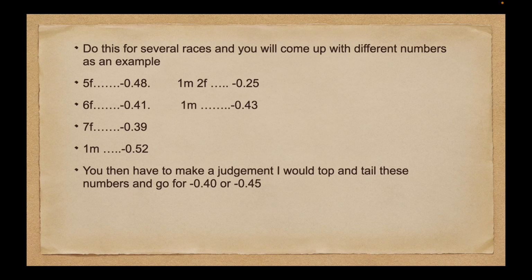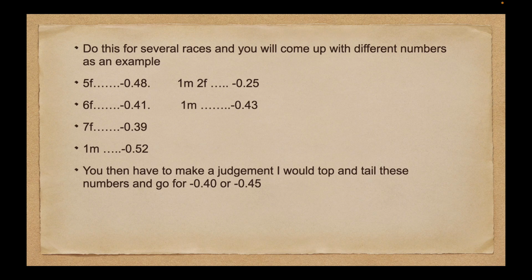So in this example, I would top and tail these, and I'd probably go for a going allowance of minus 0.4 or 0.45. It is a judgment call, and I always round either up or down to the nearest 5 hundredths of a second.